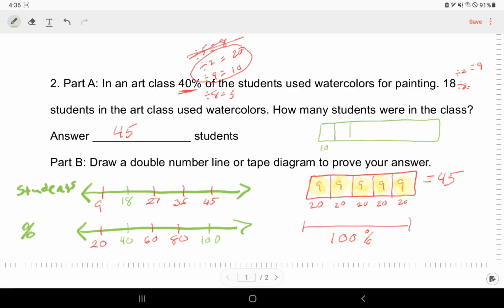So 10, 20, 30, 40, 50, 60, 70, 80, 90, and 100. Well, then I do 18 divided by 4, and I get 4.5. So that means each one of these sections is 4.5. So 4.5 people.